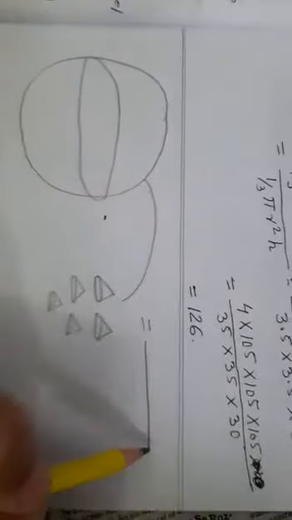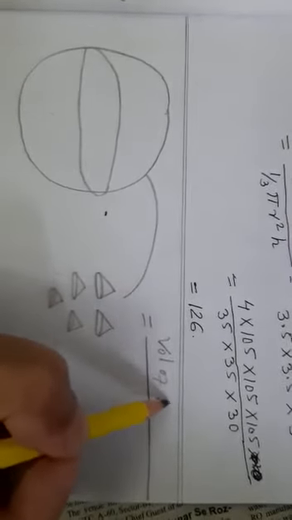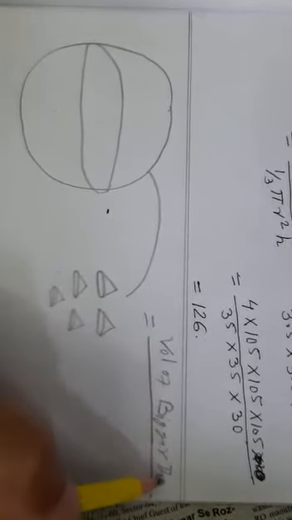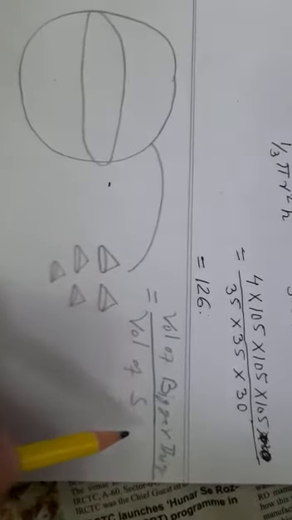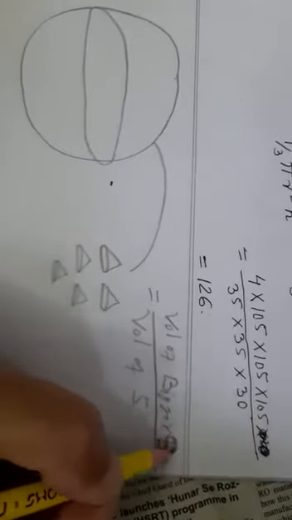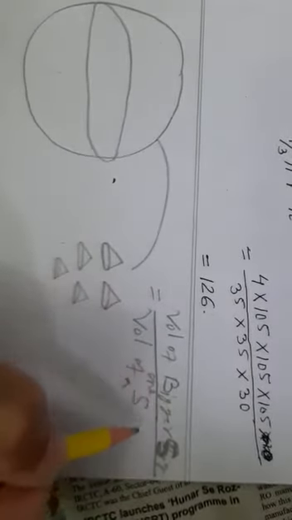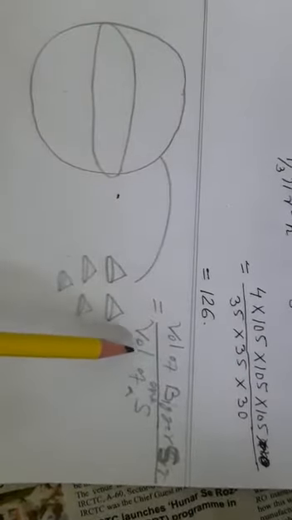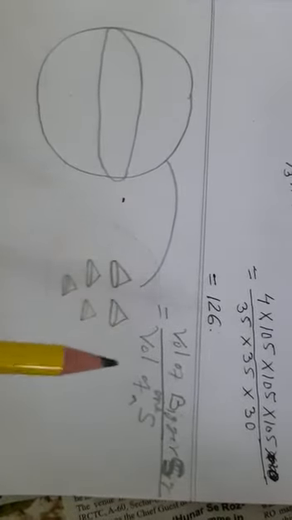Number of smaller things formed will be volume of bigger solid divided by volume of one smaller solid. When you divide the volume of the bigger solid by the volume of one smaller solid, you will get how many smaller things are formed. Are you getting my point?